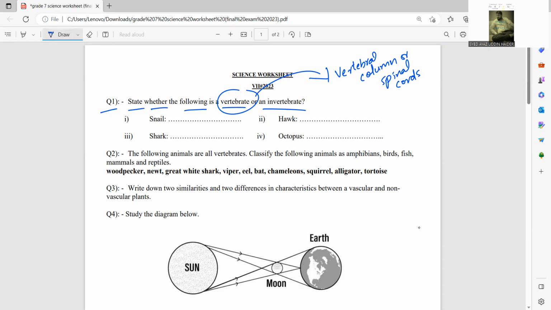We know that snail and octopus, both of these does not have any vertebral column. So you will write invertebrate here. Both hawk and shark are vertebrates.